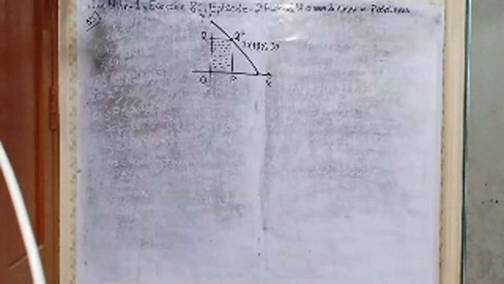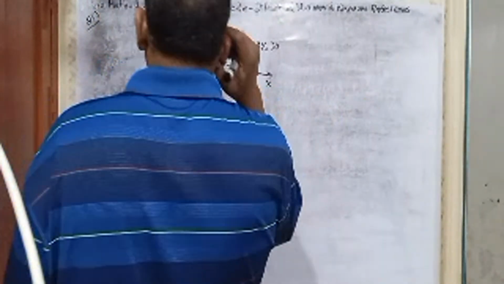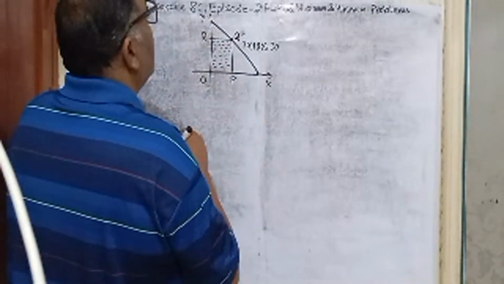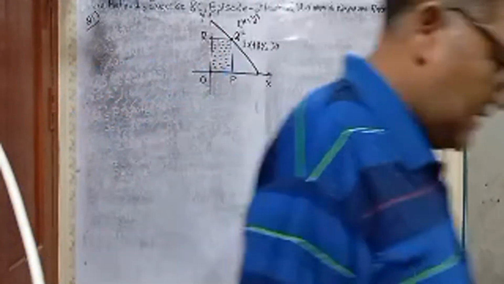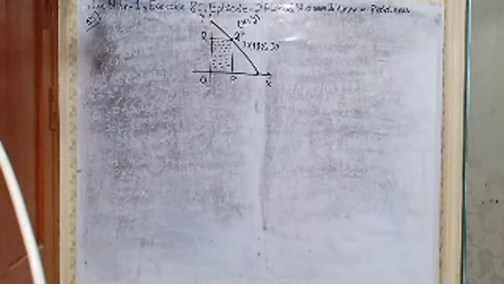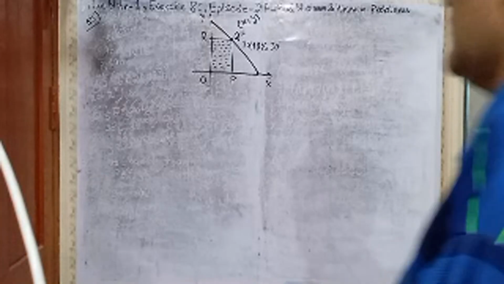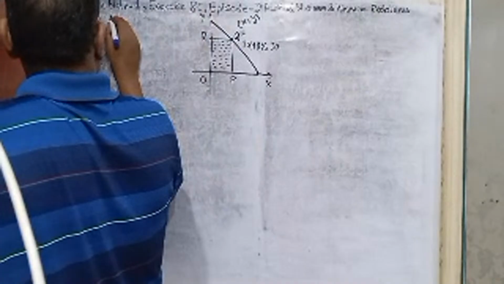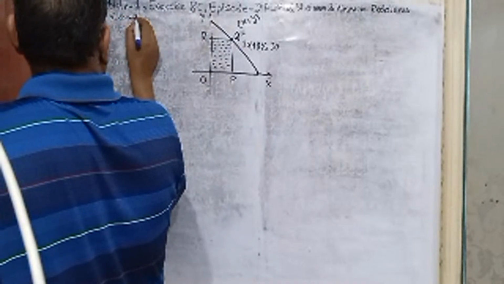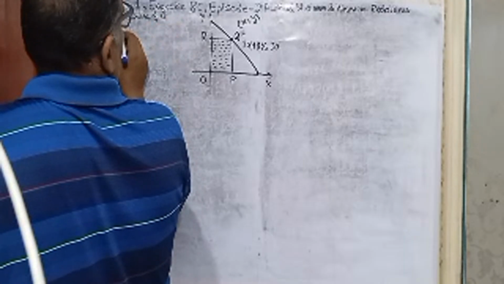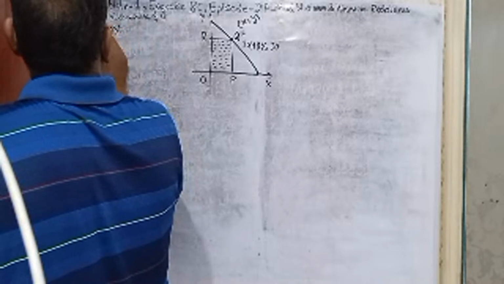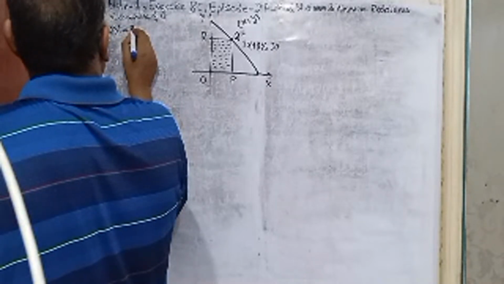Okay, so let's do question number 5. I know the coordinates of Q are x, y. So for the y coordinate of Q, you have 3x plus 2y equals 30.